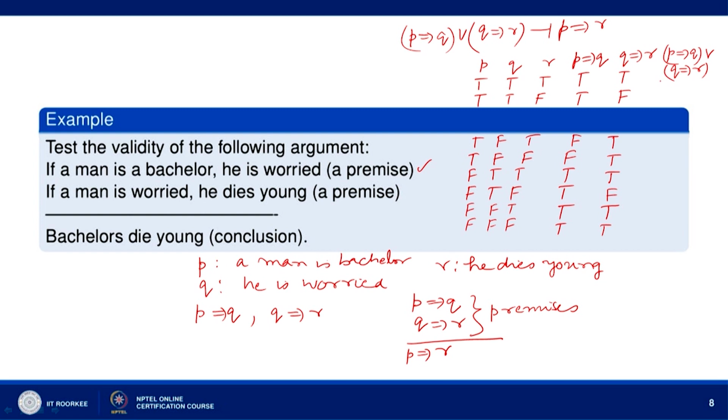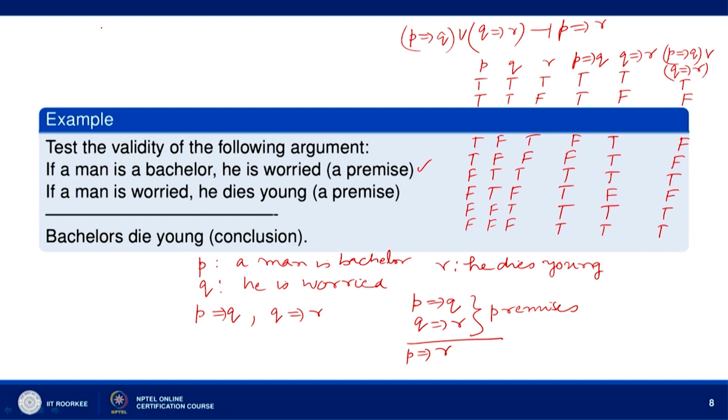Okay. Now, P implies Q and Q implies R. Let us write truth table for this. So, truth values. So, P implies Q and Q implies R. T T gives T, T F gives F, F T gives F, F T gives F, T T gives T, T F gives F, and T T gives T, and then T T gives T. Okay.